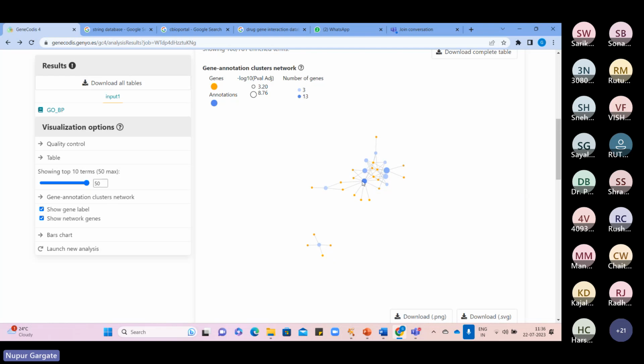When we click on that blue dot, suppose we can see the process that is here, lipid metabolic process, and these orange dots here indicate what genes are involved in that particular process. When we click here, we understand the biological function, that is response to organic substance, and these orange dots, that is TFR, CYP1B1, all of these are genes which are associated with that particular biological function. This is what it looks like.